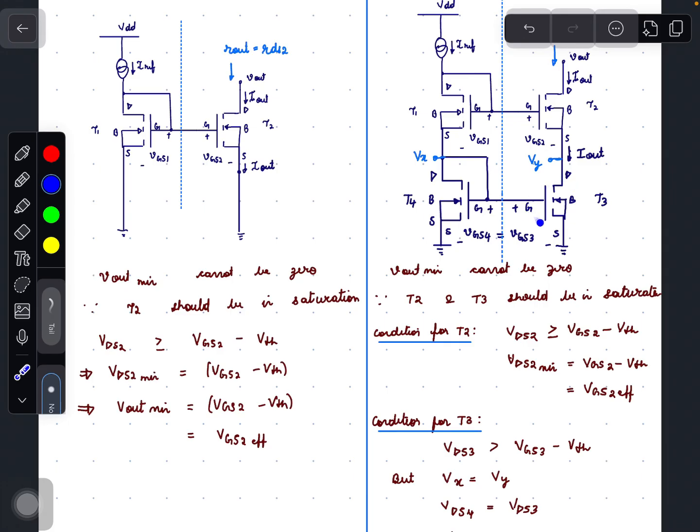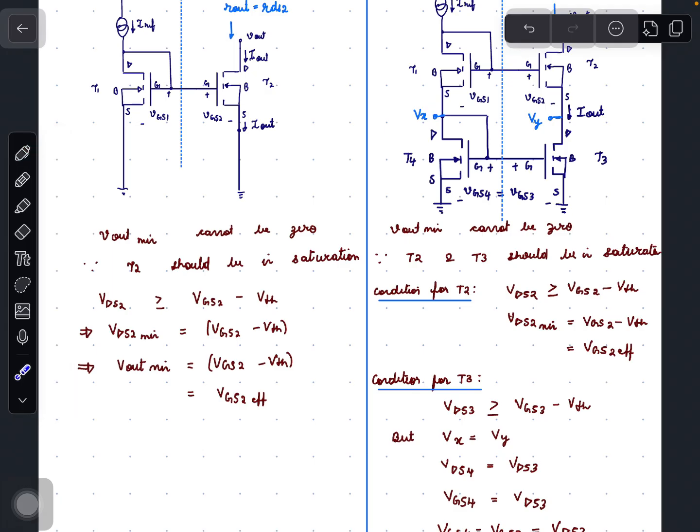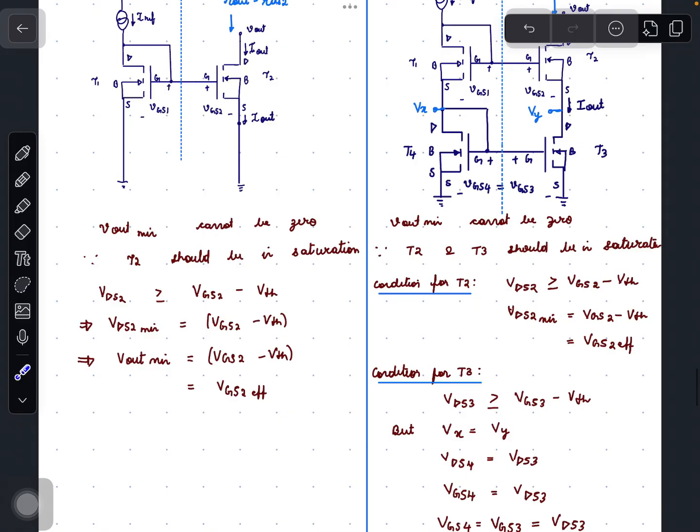Now for T3 to be in saturation, we want VDS3 to be greater than or equal to VGS3 minus VTH. However, here we consider that Vx is equal to Vy, which means VDS4 equals VDS3.